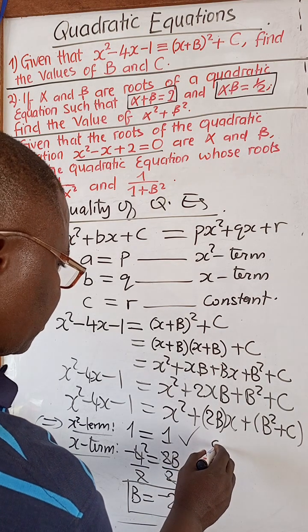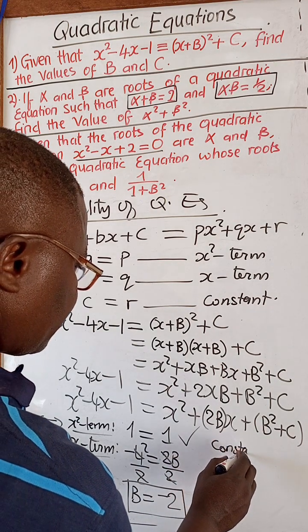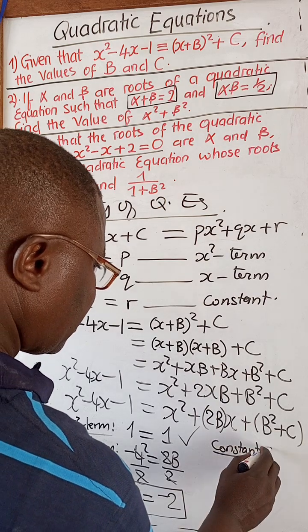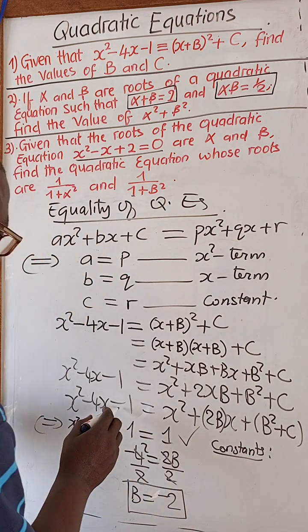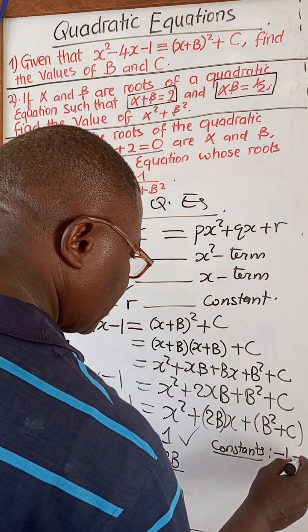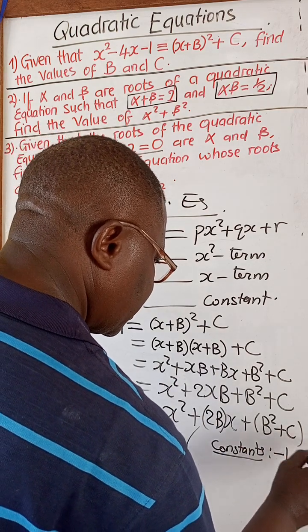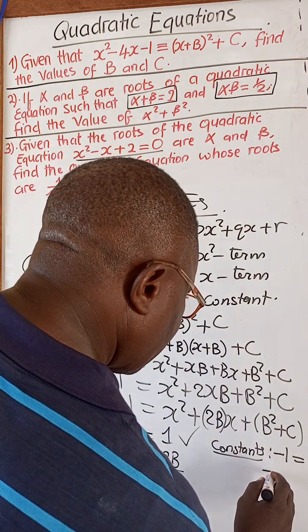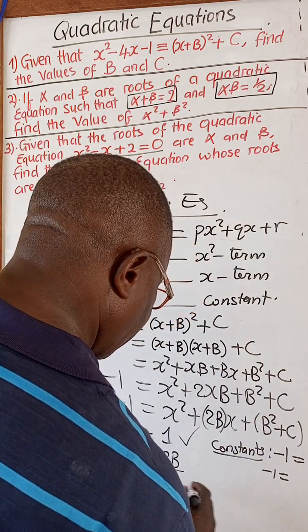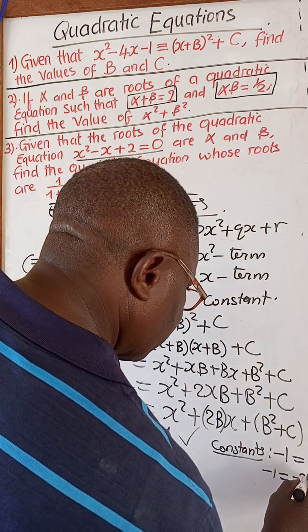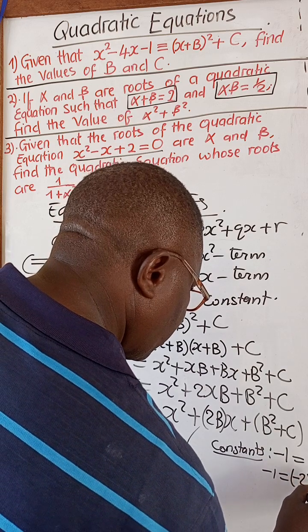Now if we take the constants, the left hand side is negative 1, which is equal to the right hand side, b squared plus c. We know the value of b is negative 2. So negative 2 squared plus c.